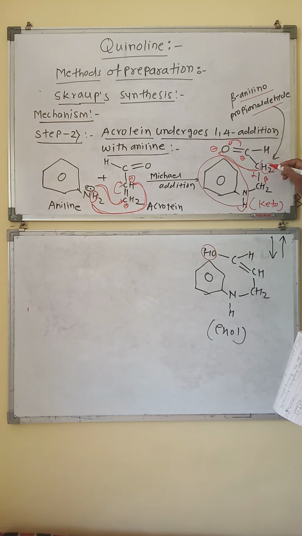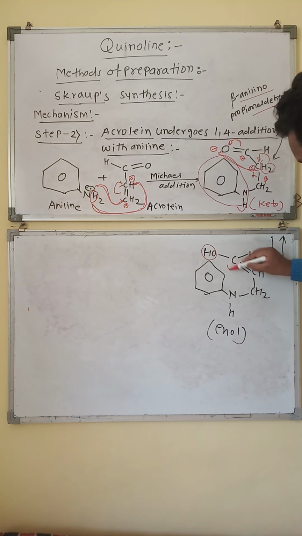After the leaving of this hydrogen from the alpha carbon, it gives a lone pair of electrons on the carbon, so this carbon becomes electron rich and this is electron deficient. So obviously there is a formation of the double bond and the OH group. This structure is called the enol form of beta anilino-propionaldehyde.